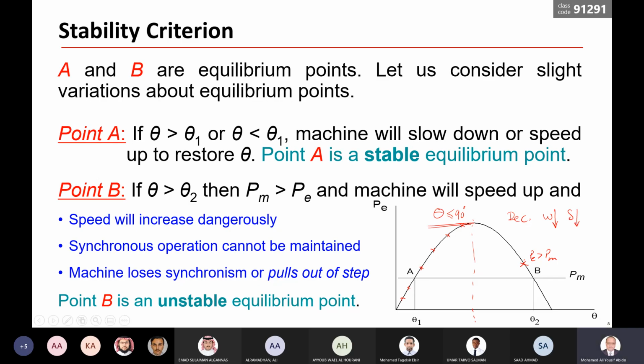Yes, we will move here, but are you going to keep the speed going down and down? If you want to move this way, P electrical becomes here now. That means the reduction in speed is very huge. If P electrical becomes here and this is P mechanical, the reduction of the frequency will be higher and higher. And this is not acceptable.